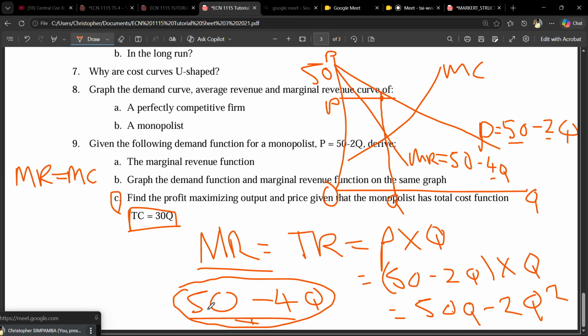We equate 50 minus 4Q equals 30. That goes to the other side, and 50 minus 30 gives us 20, then 20 divided by 4, so our quantity is going to be 5, right?